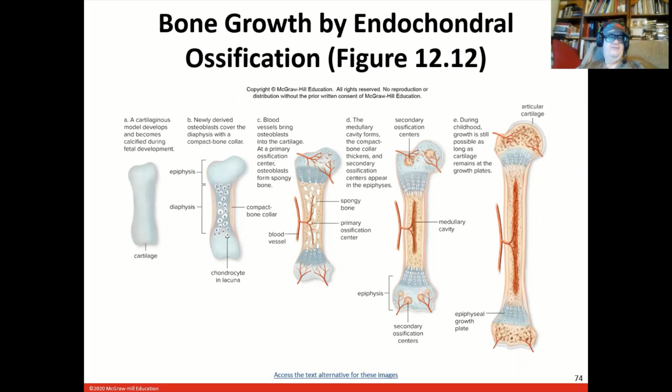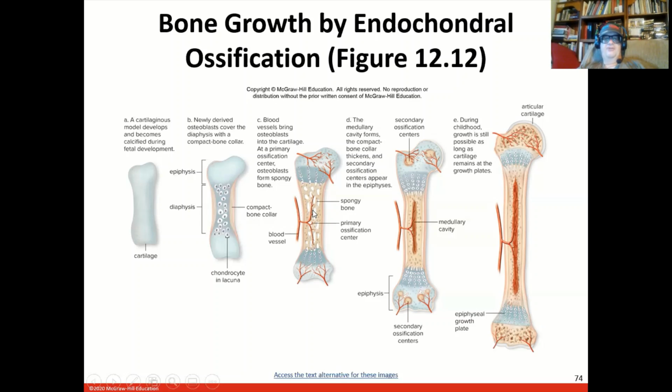So here we have a cartilage model, and here we have chondrocytes, cartilage cells in the lacunae. You can see the diaphysis is the middle, the epiphyses are on the ends. Cartilage, remember, doesn't have much blood flow, almost none. So when the blood vessels penetrate, you're going to start making bone there.